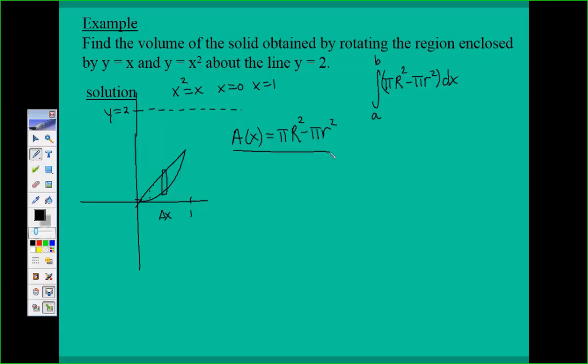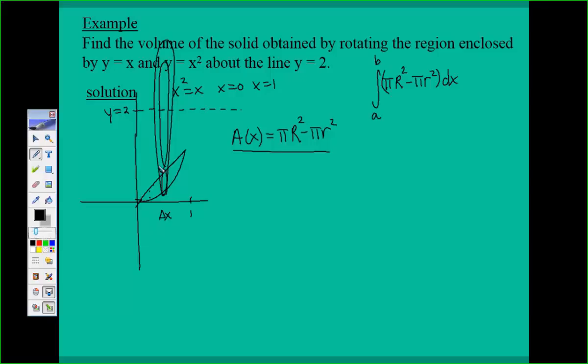We're rotating this all the way around the axis here like this, and we would have a hole in that washer.